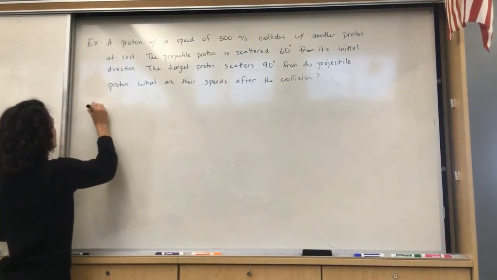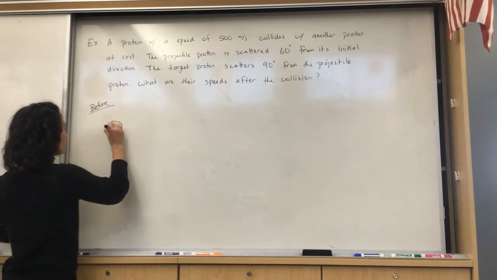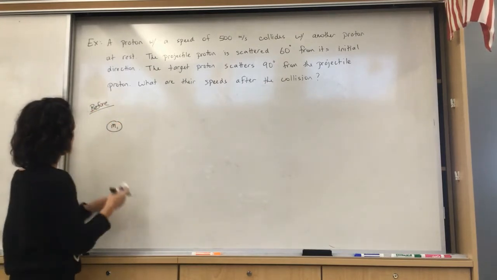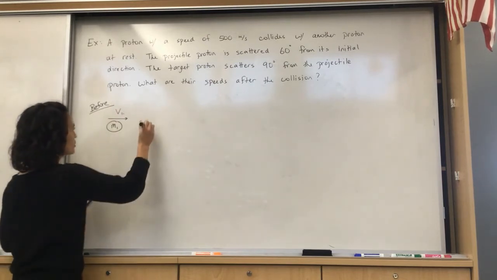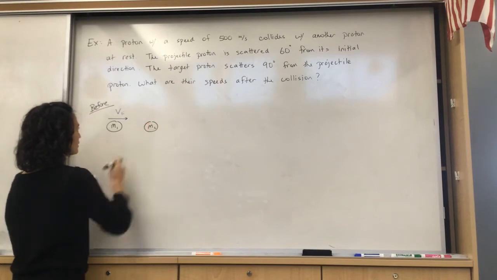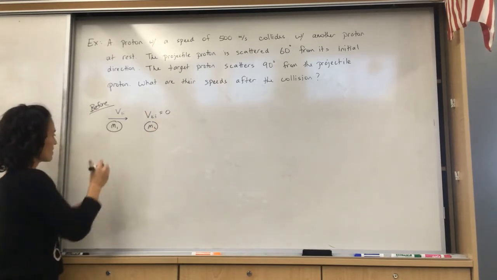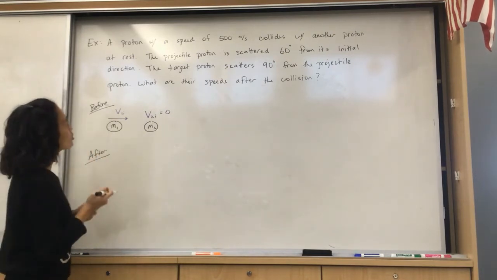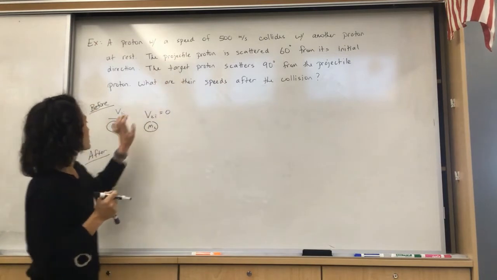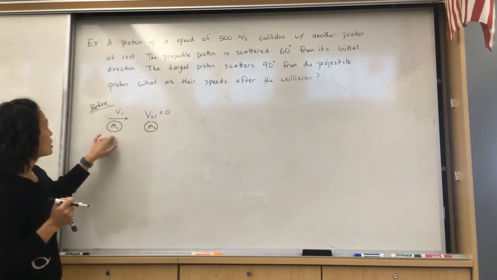So before, I have proton 1 moving super fast, and proton 2 is just doing nothing, so its initial velocity is 0. And then afterwards, we're told that the projectile proton, the one that's moving first, scatters 60 degrees from its initial direction.